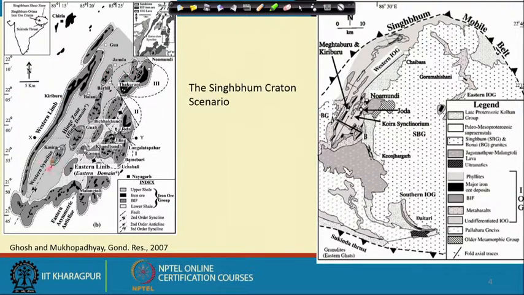And as it looks, the localization of the enriched iron ore in this region is very much structurally controlled, where in the western limb the major ore localities, the mines, are essentially based on the domes formed by the cross folding, and on the eastern limb it is on the basins.